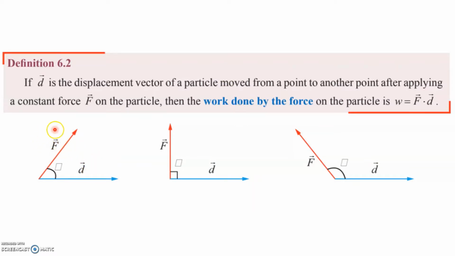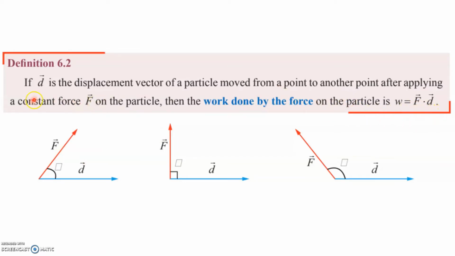If F is a vector representing the force acting on an object, and D is the vector representing the displacement, then work done is F into D. Since work done is a scalar quantity, we define it as F dot D.